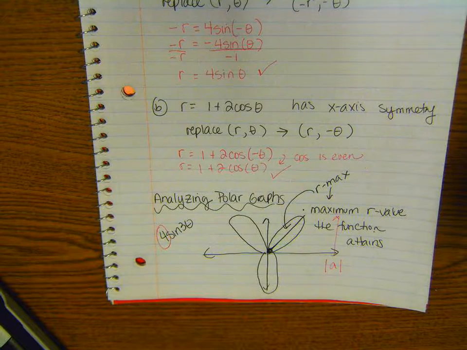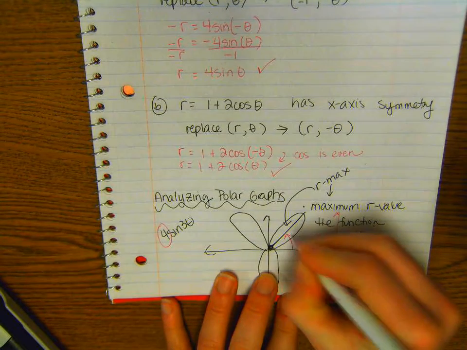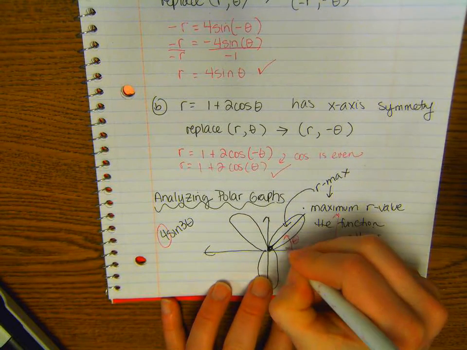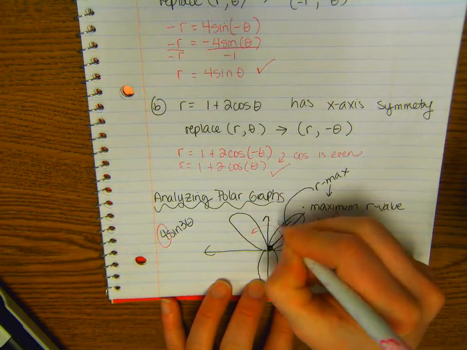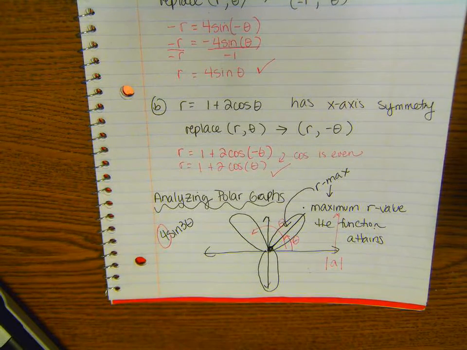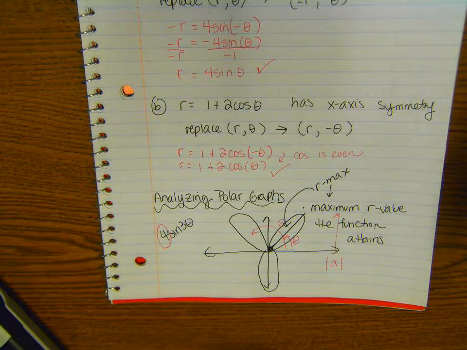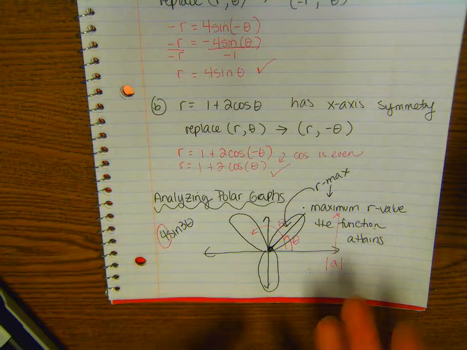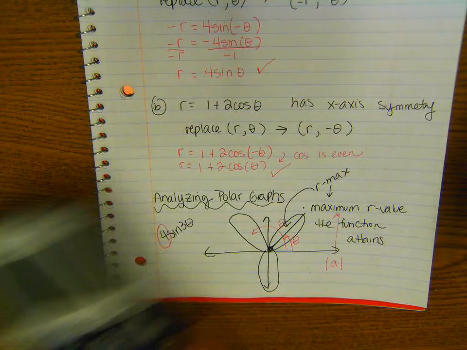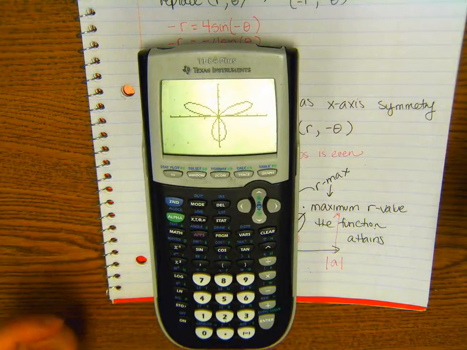Okay. All right. Here's the tricky part. How do you find theta? Because theta is how far it's rotated. If you had to guess, for this one, what do you think those angles would be?